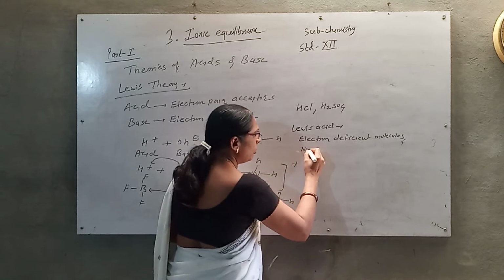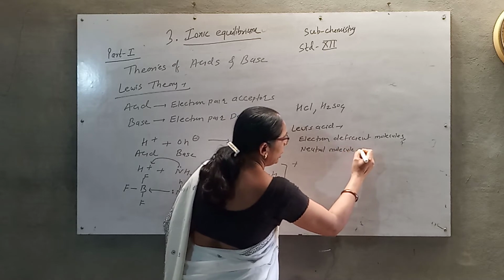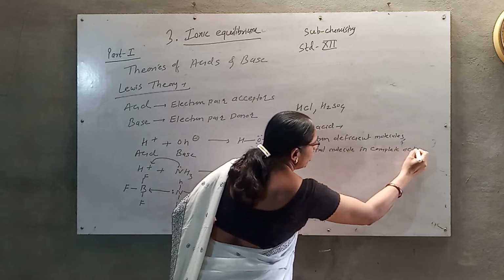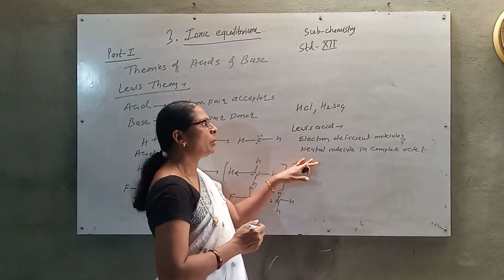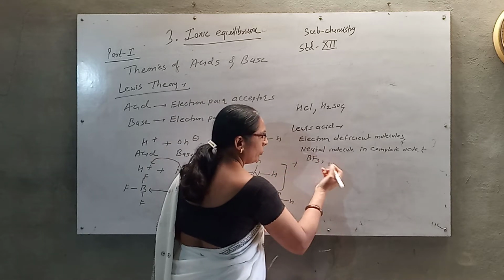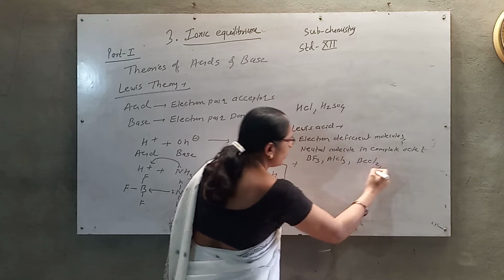Or neutral molecules having an incomplete octet are also examples of Lewis acids. For example, BF3 or AlCl3 or BCl2. They have an incomplete octet.